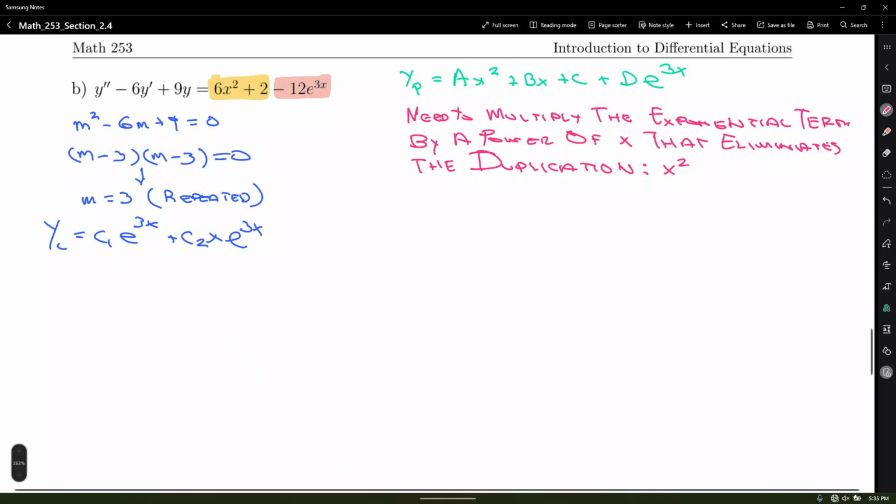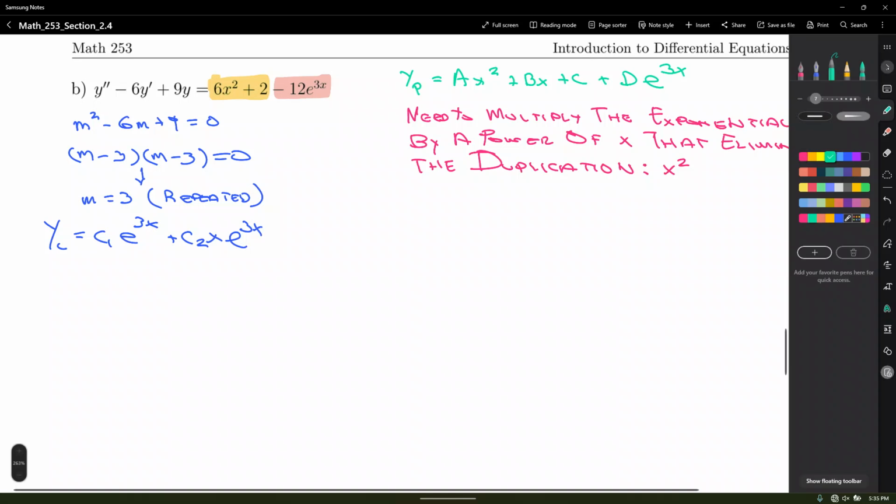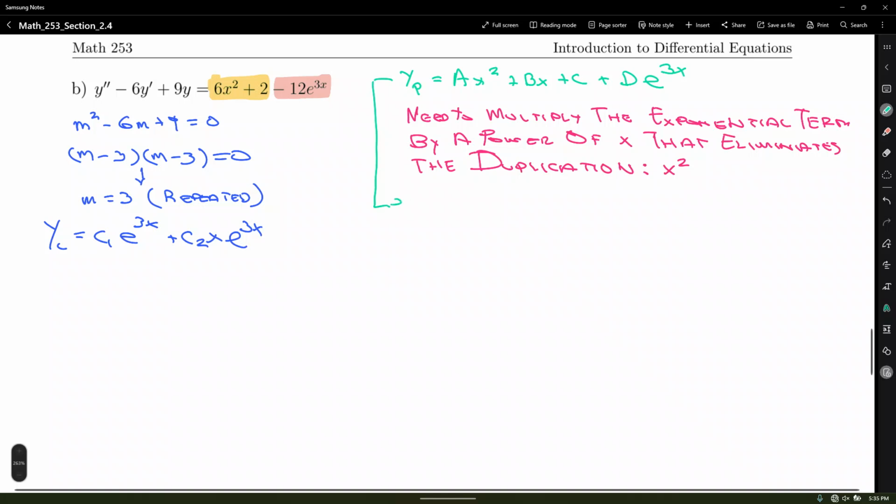So now let's change our minds here and write y sub p equals ax squared plus bx plus c plus dx squared e to the 3x.